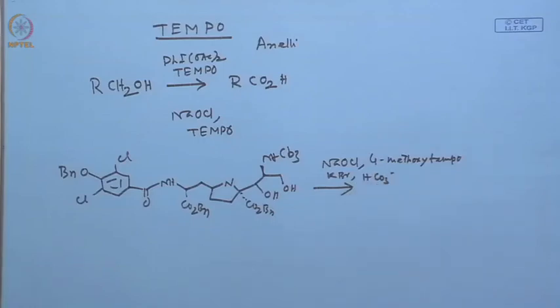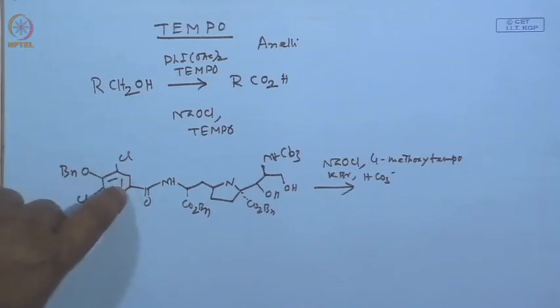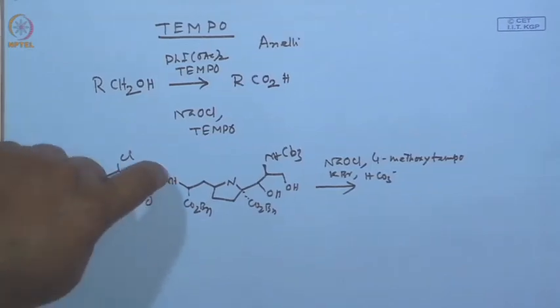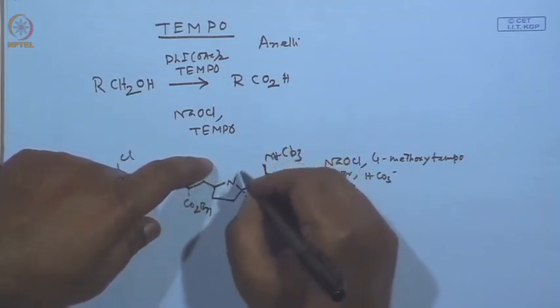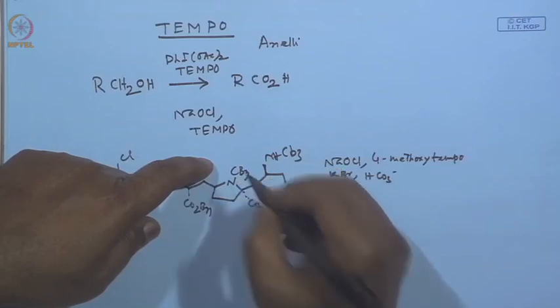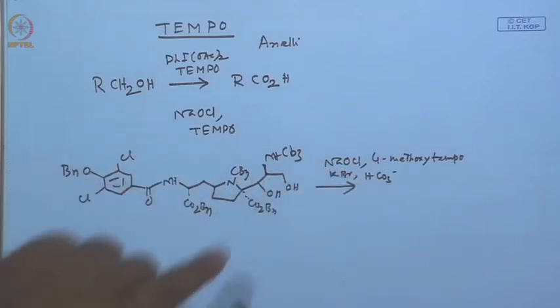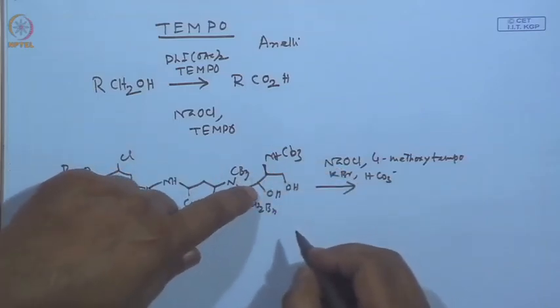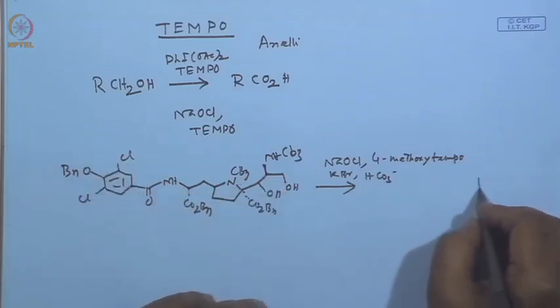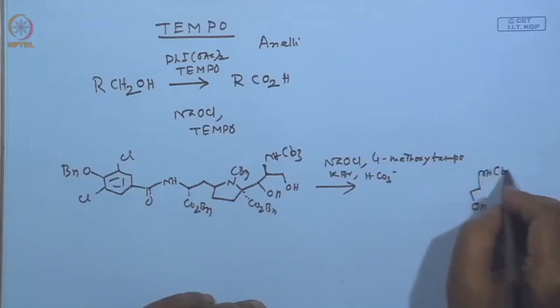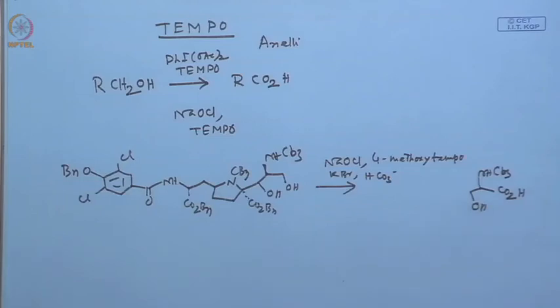What we will see, it does not oxidize the benzylic CH2, it does not oxidize the benzene ring, it does not oxidize this nitrogen, which is protected as CBZ, and you have a secondary OH group, it is not oxidized. Only the last one is oxidized, this remains free, and this one gets converted to the carboxylic acid.